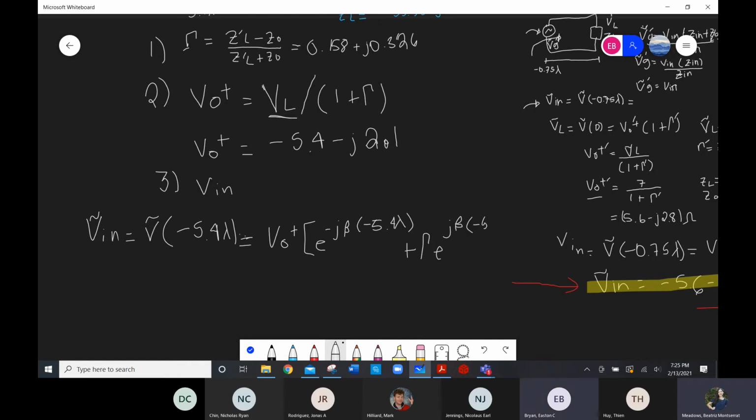I think one of the most confusing things for me on this first test was it felt like I was memorizing the equation for impedance and voltage at the input, and then memorizing the equation for the voltage and impedance at the load, when in reality it's just one equation in different forms.